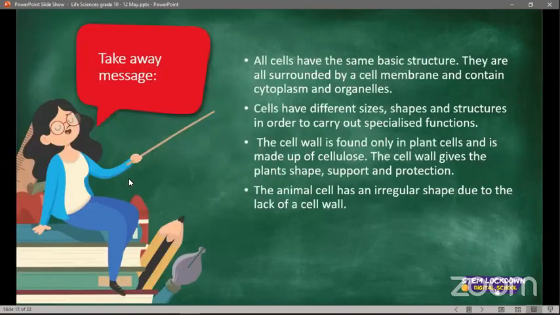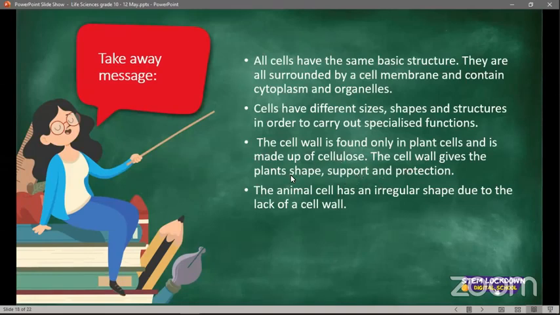Now, guys, the takeaway message is that all cells are surrounded by a cell membrane. We said that cells have different sizes, shapes, and structures in order to carry out specialized functions. The cell wall is found only in plant cells and is made up of cellulose, which is a type of carbohydrate.